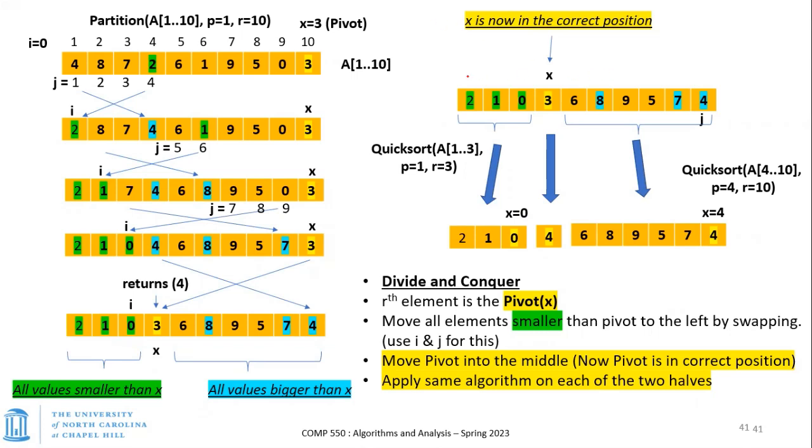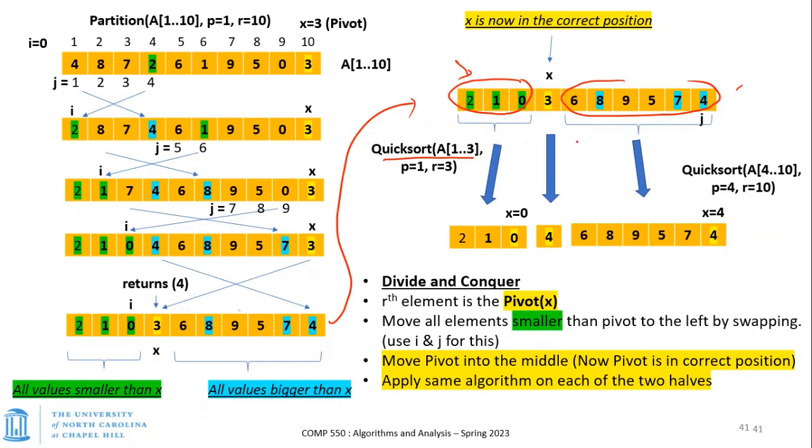We've got the new array, and this is simply coming out from here. The left part, shown in green, has all the values less than the pivot, and all the values in blue are bigger than X. Now we apply quicksort recursively on the left side and the right side, and we retain the value of X.